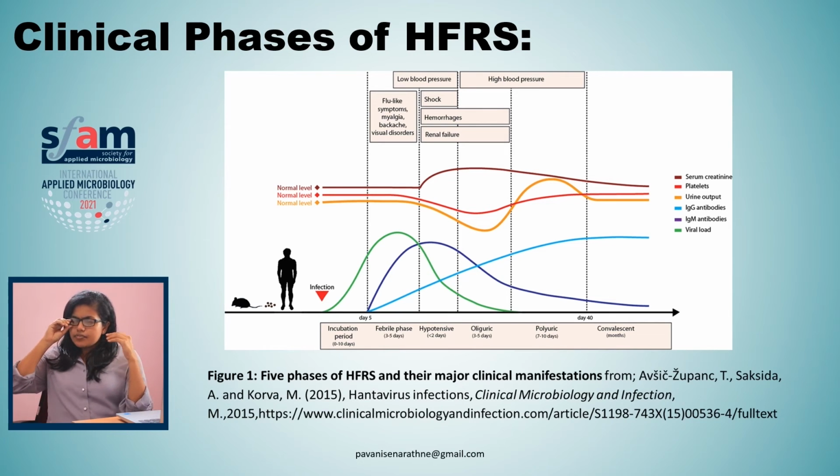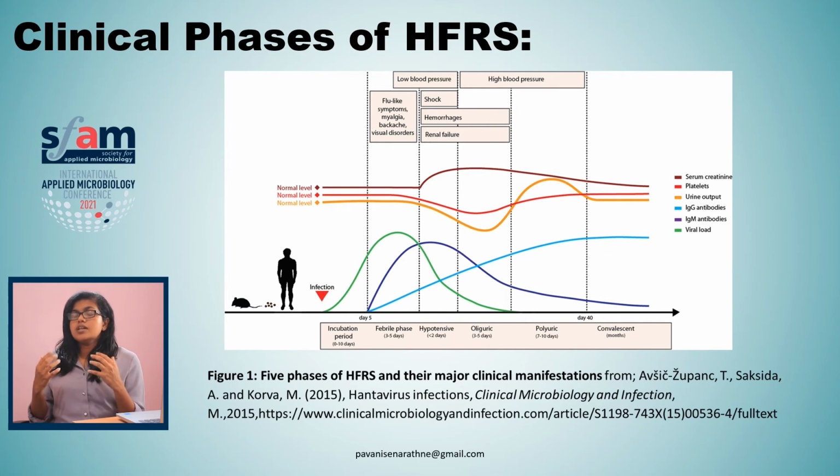And if we talk about the hantavirus infection symptoms, you get fever, you might get headache or myalgia, diarrhea or backache, any kind of pains, like the common cold and symptoms we get when we have a leptospirosis infection. That is in the febrile phase. After that, you get into shock and hemorrhages or renal failure.